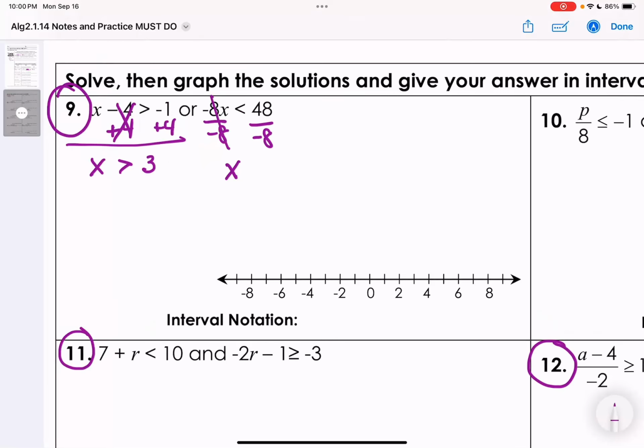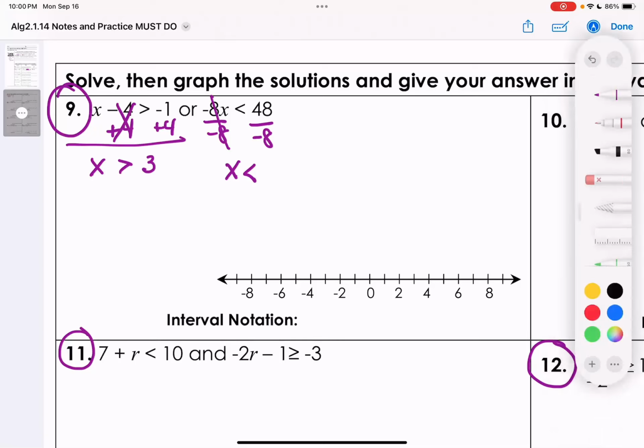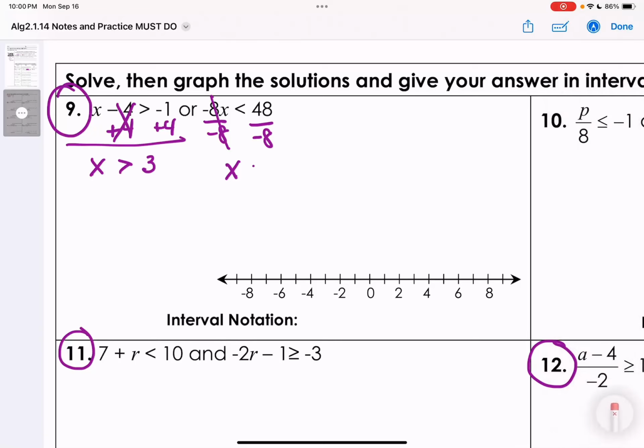So I have x is less than, sorry, we have to flip it. When we divide by a negative, we have to change the sign to the other direction. So x greater than -6.